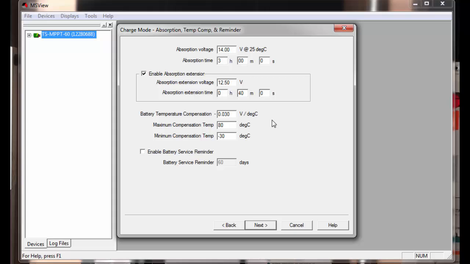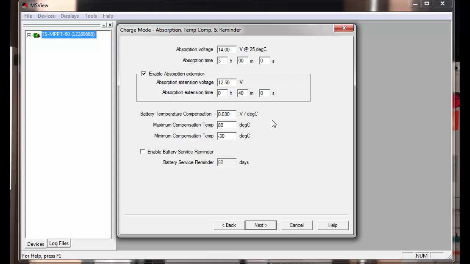And there may be some types of batteries that need lower settings or higher settings. In addition, if you're doing 36 volts, you need to use the same ratio as you do for the voltage. So if you're doing 9 volts for a 36 volt battery, you would also use the 3/4 volt factor as you would use with the voltage with the temperature compensation.